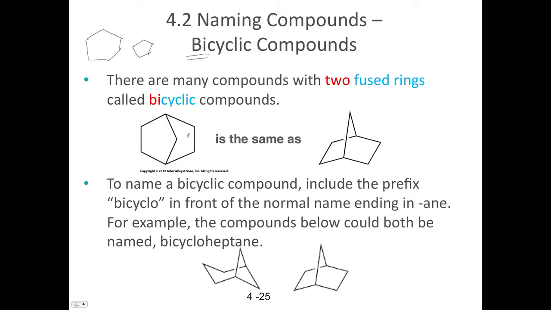So imagine this guy here, which looks like a cyclohexane with a little bridge on it, right? But what you have here really is a 5-membered ring here, and a 5-membered ring here also, right? 1, 2, 3, 4, 5. 1, 2, 3, 4, 5. 2 5-membered rings here, okay?